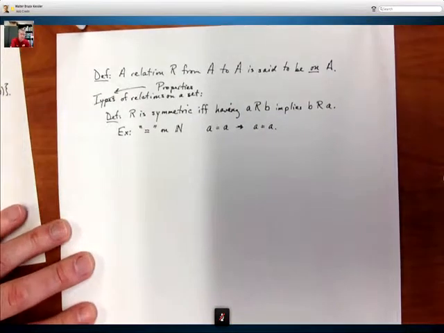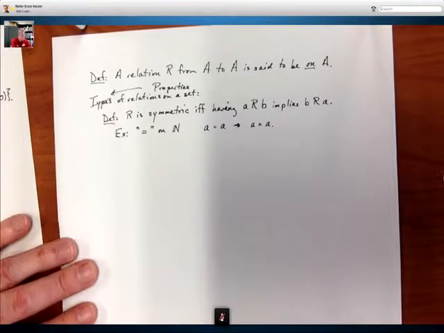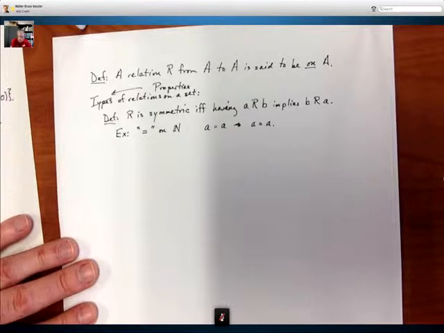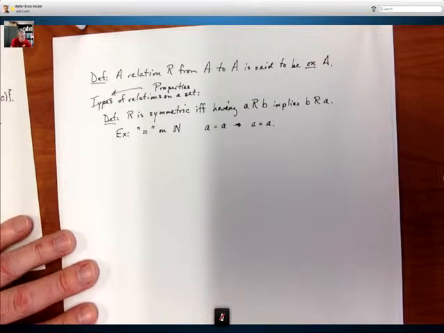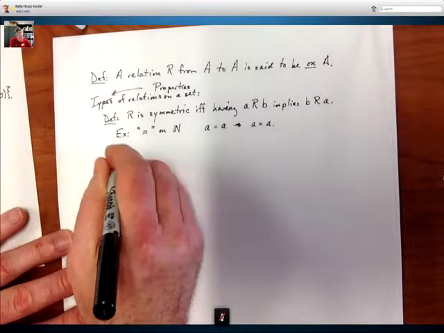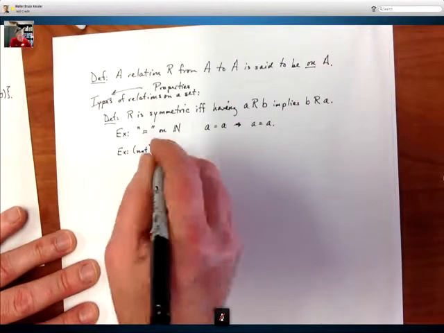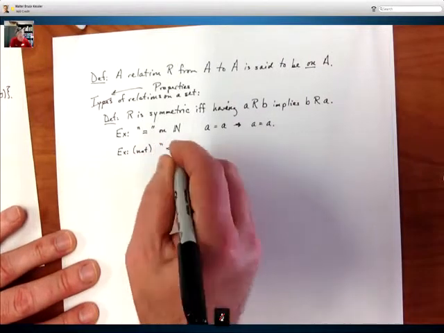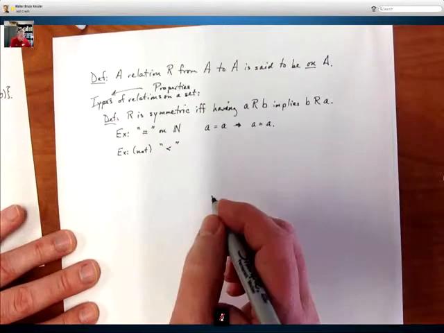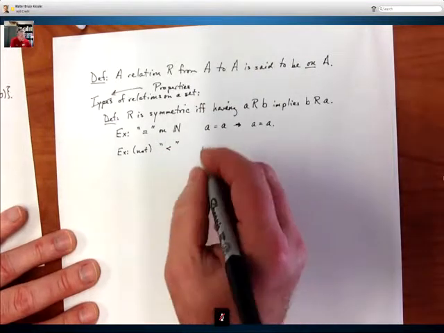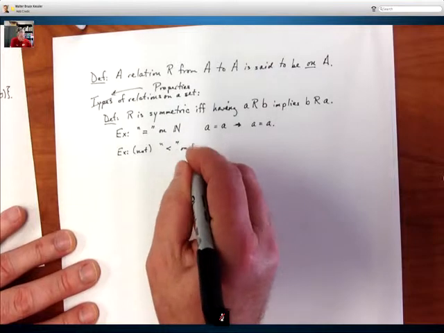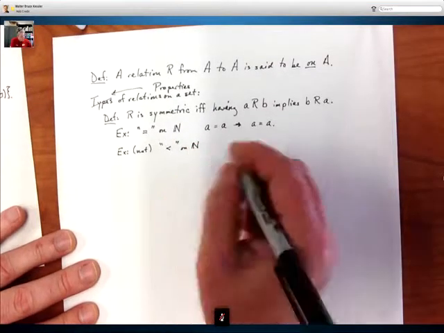I'm trying to think of a good example of symmetry. A great example that's not would be less than on, say, natural numbers.